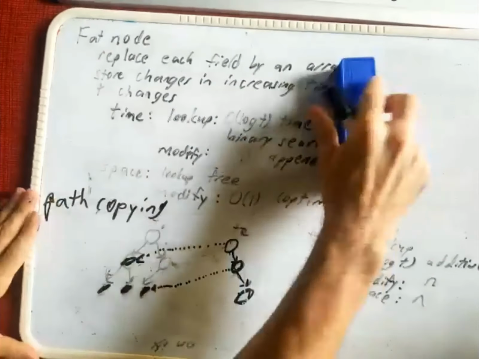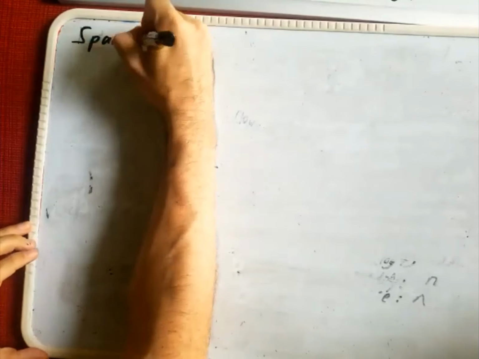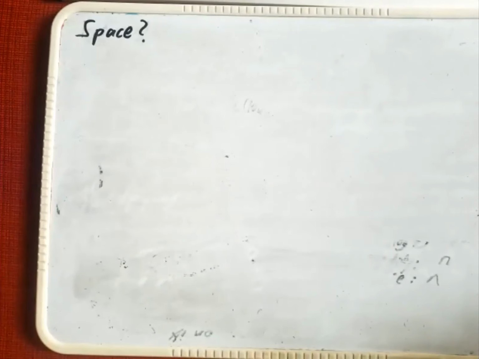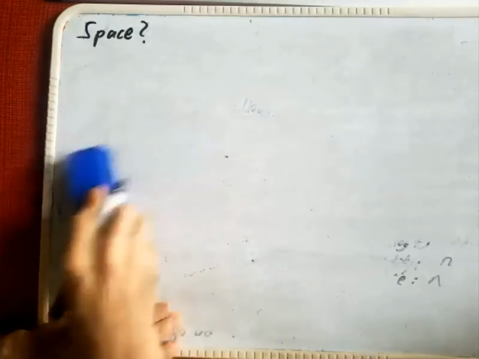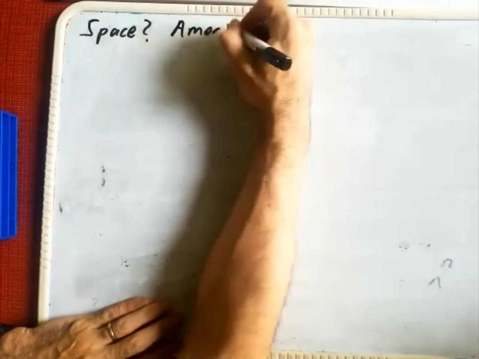But now we have to talk about space. How much space does a modification to a single node in the data structure cost us? Okay. Well, we're going to play the same trick as we did with Fibonacci heaps.